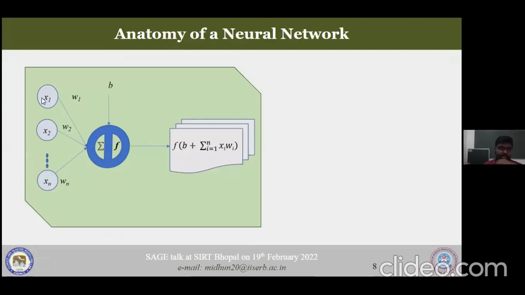The value given from the previous neuron is multiplied by the weight, and it is passed onto an activation function, and that value is transferred to the next layer. So basically this is what happens in a single neuron.